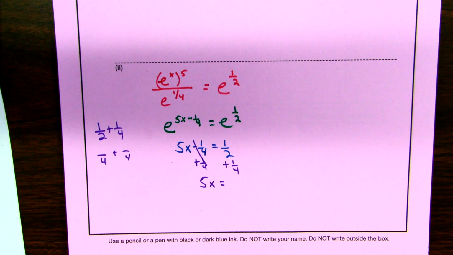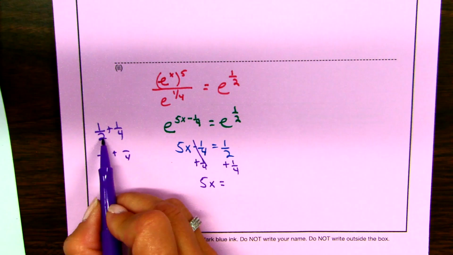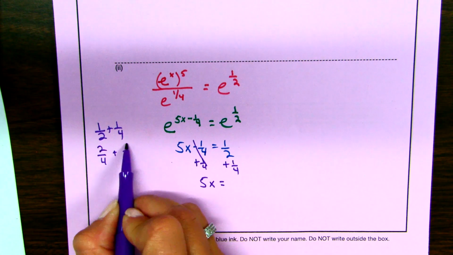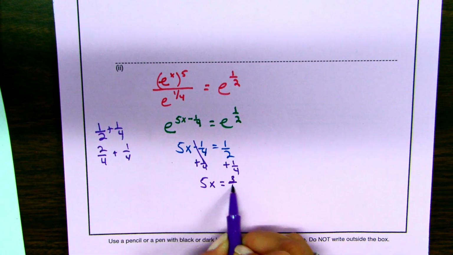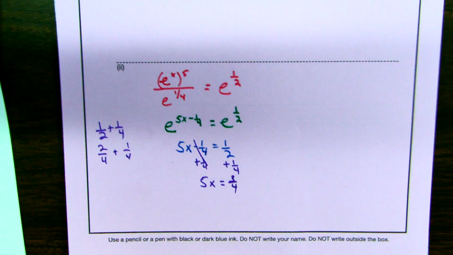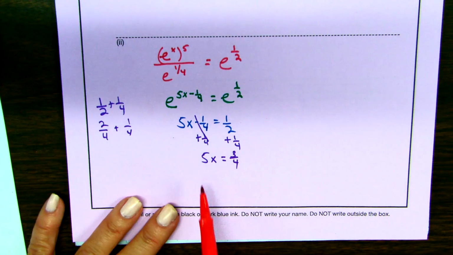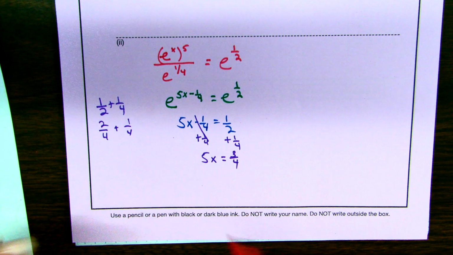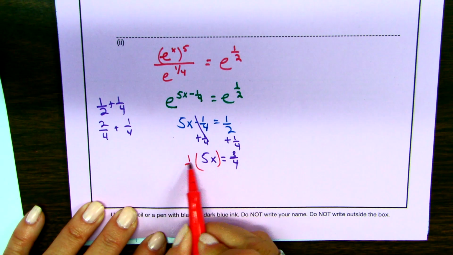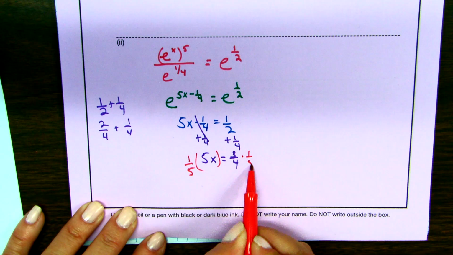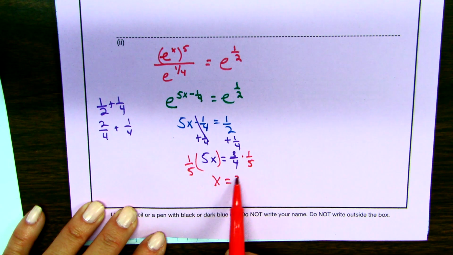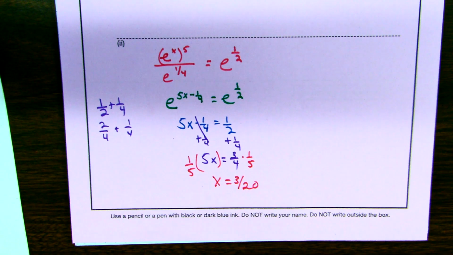And so to find a common denominator, this would be 2 times 2, 1 times 2. That would be 3/4. And remember, I did an example of this on that pink sheet. You want to get x by itself, you're dividing by 5. Dividing by 5 is the same as multiplying by 1/5, which makes more sense in this question. And you get x equals 3/20.